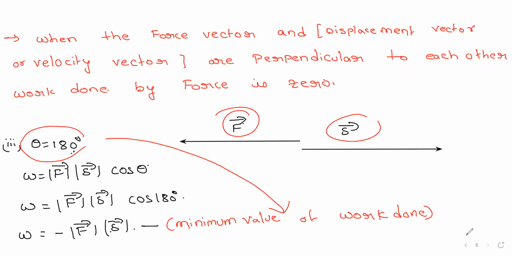Now look here. What is the range of cos theta? Minus 1 to plus 1. So cos theta has positive values and negative values, right? Work done is mod F into mod S cos theta.